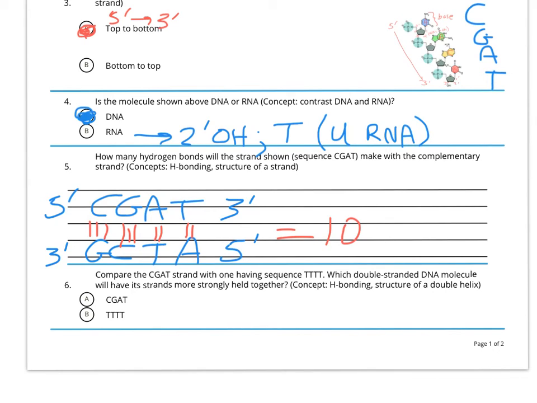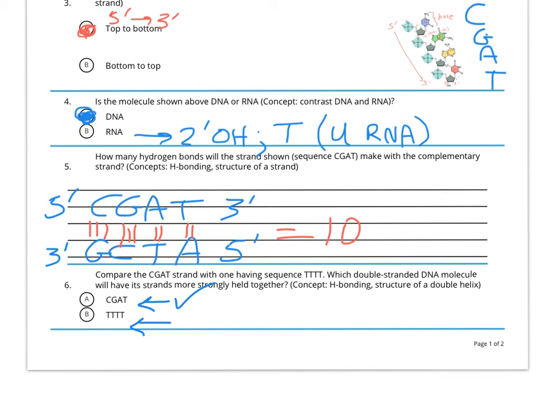Likewise, if you have one strand of DNA that has C's and G's and one that does not, it's pretty easy to tell that the strand with C's and G's will have more hydrogen bonds than the strand that only has A's and T's.